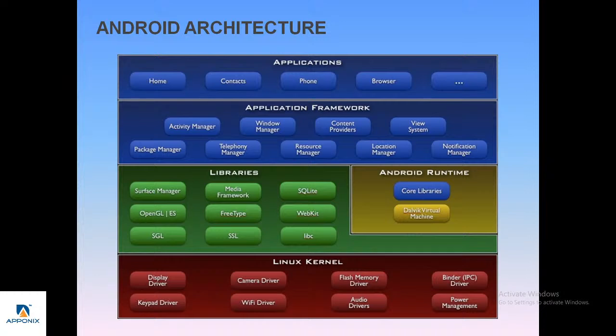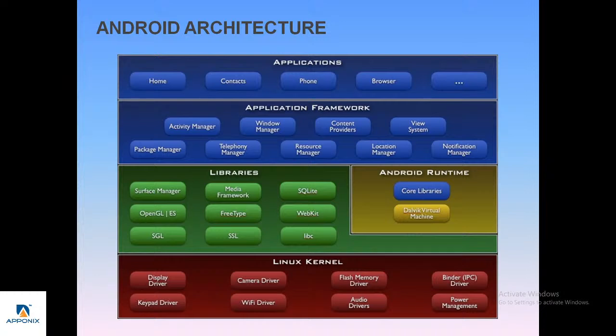These drivers are like display driver, camera driver, Wi-Fi, Bluetooth, audio, video, keypad, flash memory driver, binder, and power management. So if we want to connect our Wi-Fi, we should have a driver in our device.